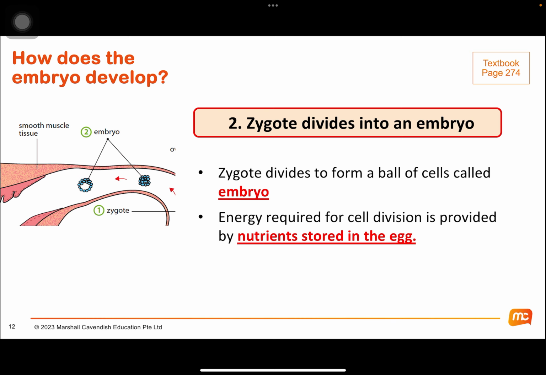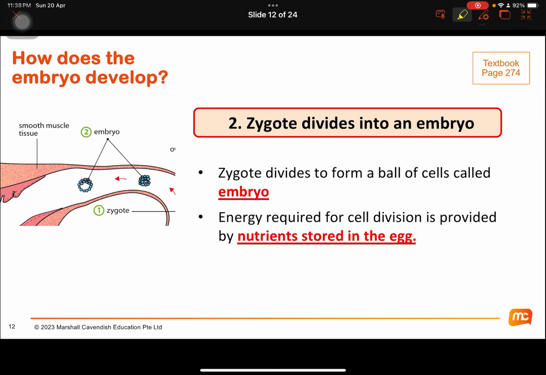Number 2, alright, the zygote will then divide itself to form an embryo. And during this process of cell division, the energy required is actually provided by the nutrients stored in eggs.